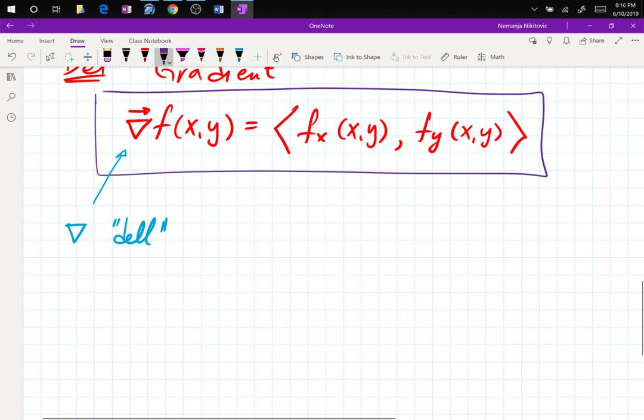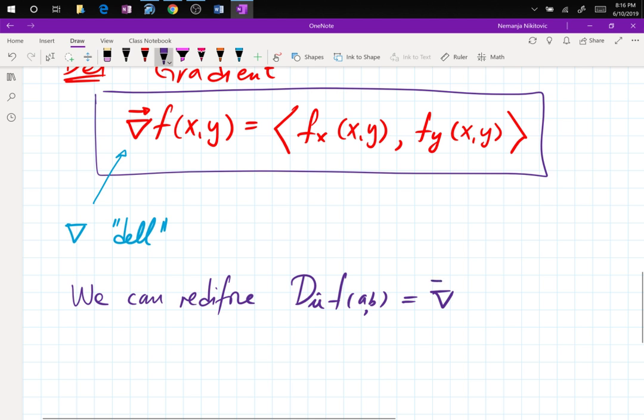So now, because we have this, we can redefine du f at AB as del f at AB dotted with the vector u.